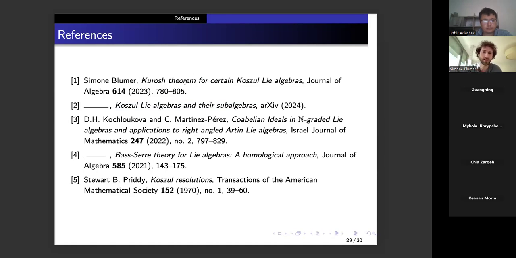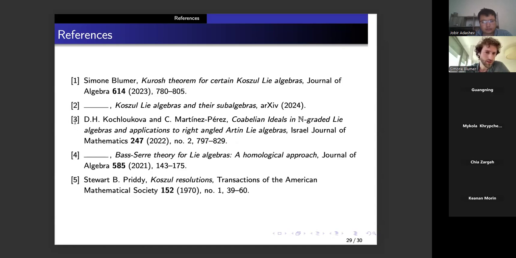And the aim of the first one was only to prove that blockato Lie algebras satisfy a version of the Kurosh theorem, which is known to fail in general for Lie algebras. And the Kurosh theorem is related with the structure of subalgebras of free product. And for blockato Lie algebras, you have such a theorem.